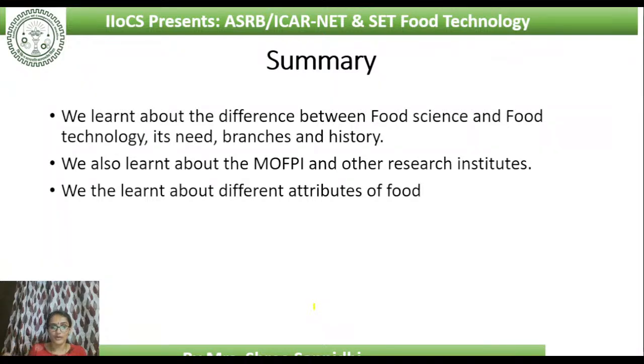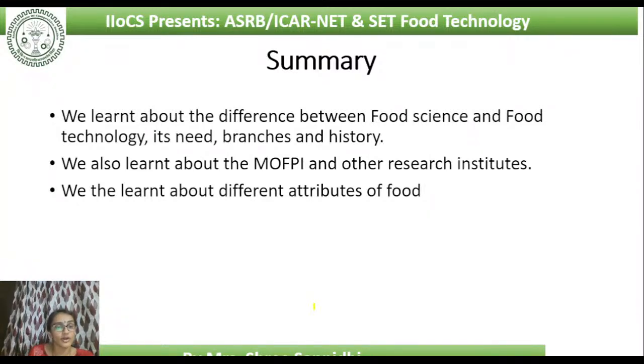We primarily need food technology to avoid the losses happening in the agricultural field. Then the branches we studied about: food physics, food engineering, food chemistry, food microbiology, food biology, everything. And we studied a little bit about history also.